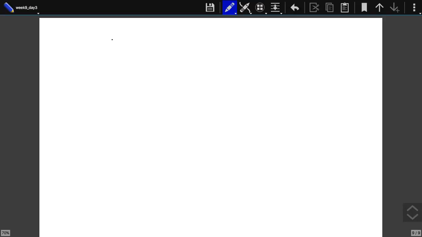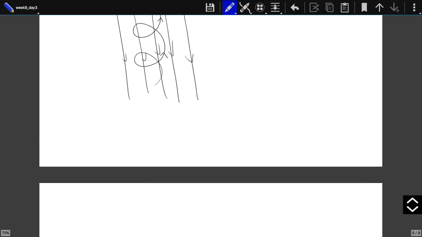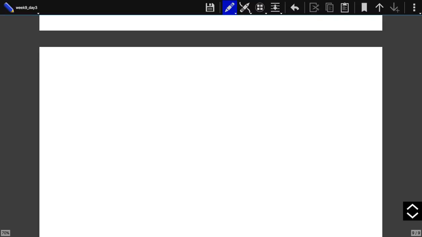Now let's consider a region where the magnetic field is not uniform. So let's say you have some magnetic field here, some other magnetic field here, denser. It gets stronger.